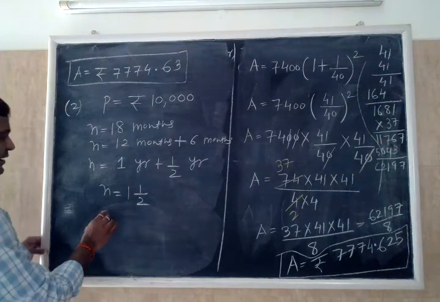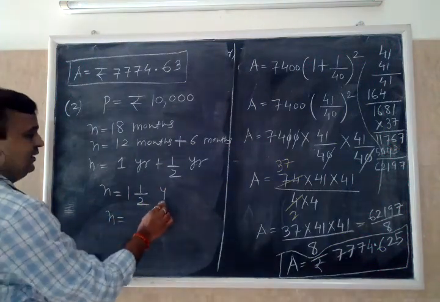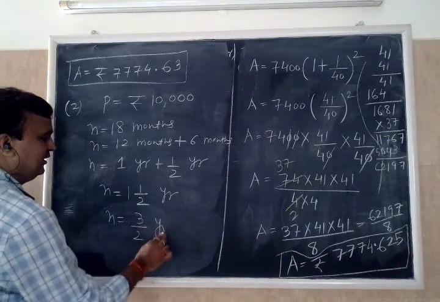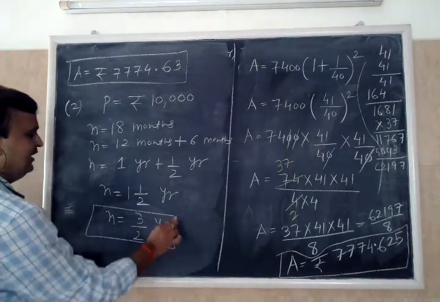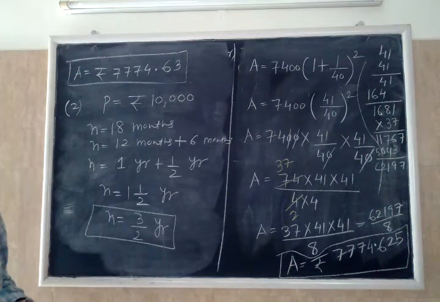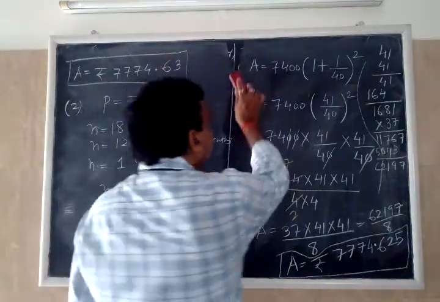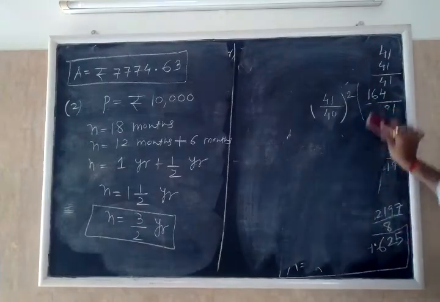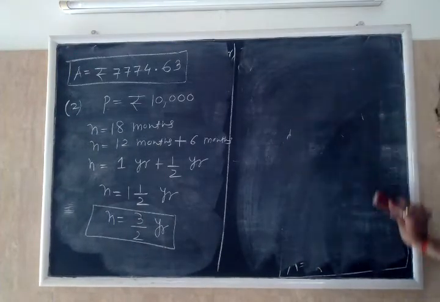So what is that answer? N is 3 by 2 year. Yes or no? My N is 3 by 2 year. This is clear? How we have converted 18 months into year.